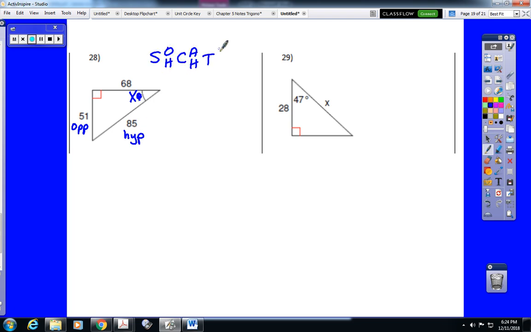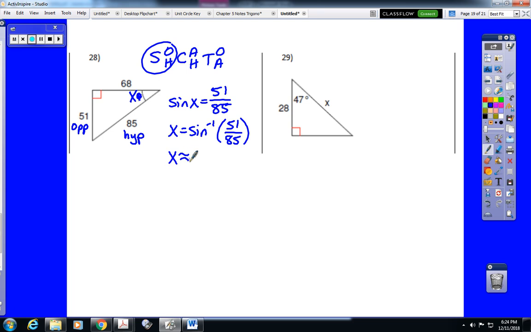We just need to pick two and set up a trig function. So the sine of x would be opposite over hypotenuse, 51 over 85, and x would be the inverse sine of 51 over 85. Feed that to the calculator, and we get 36.87 degrees.